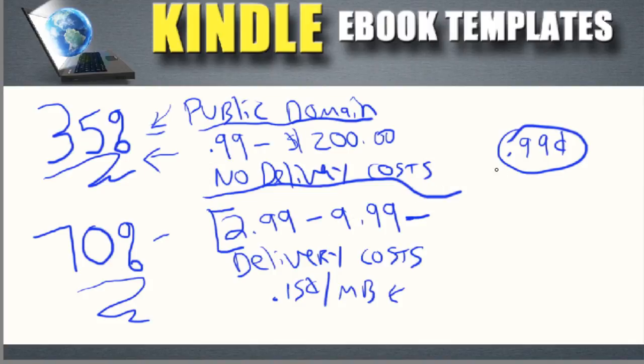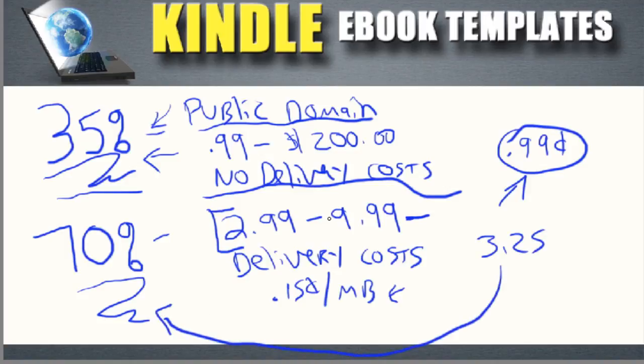Now you can also switch between royalties. Let's say you have a book right now that's 99 cents and it's earning 35% royalties for you. It's 99 cents for a couple of months, and then you decide to change the price to $3.25. Then you can switch over to the 70% royalty.